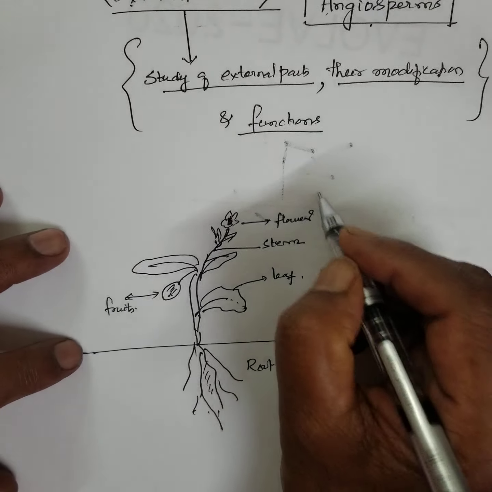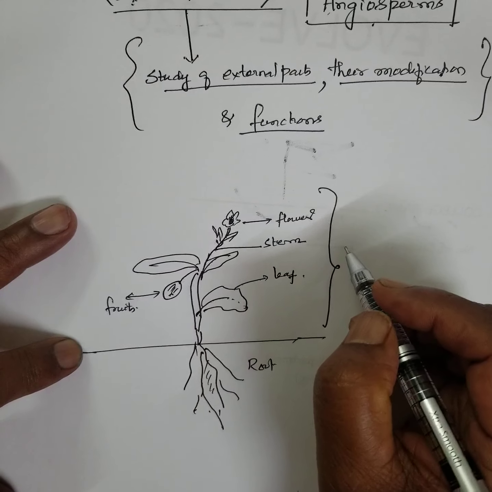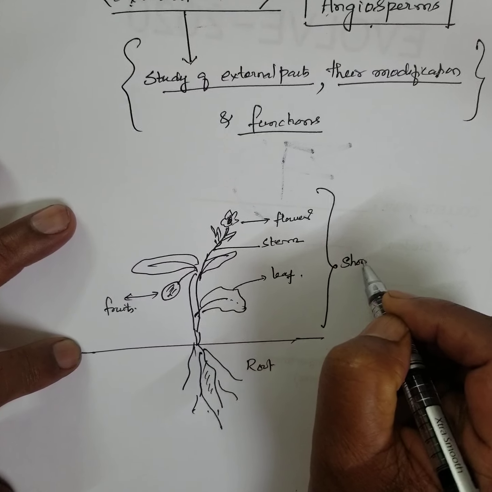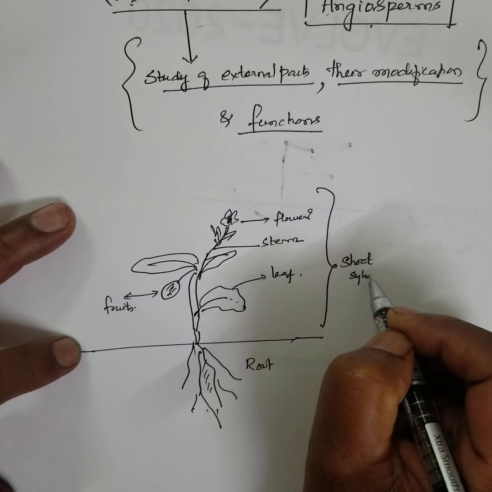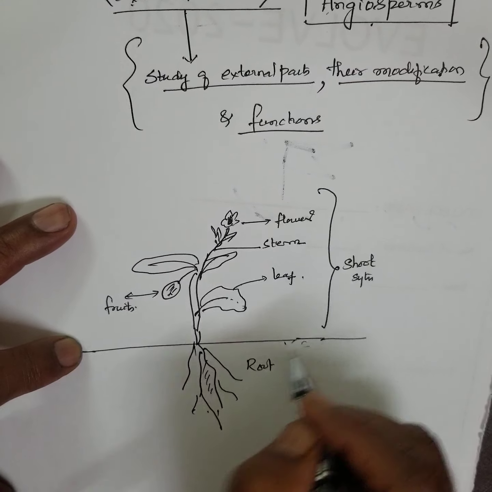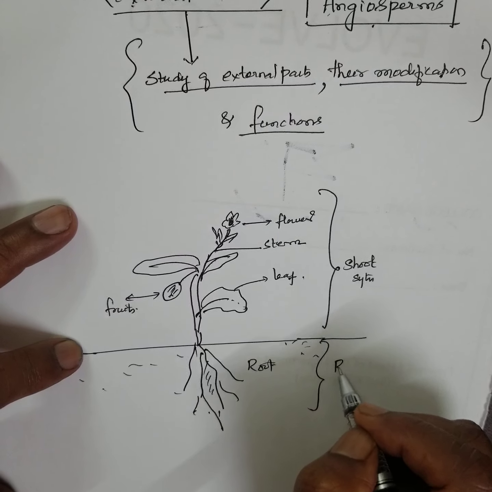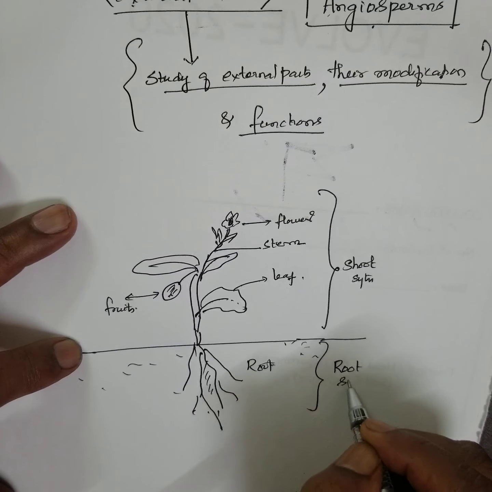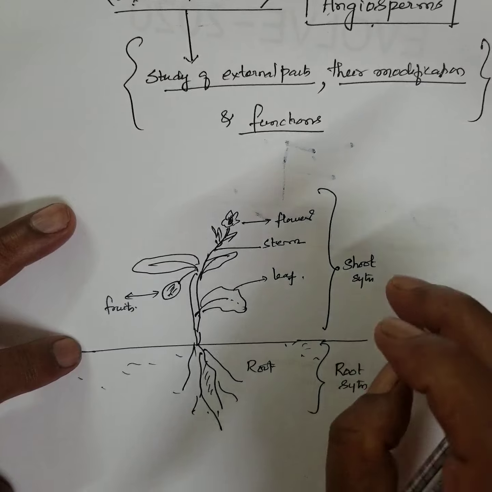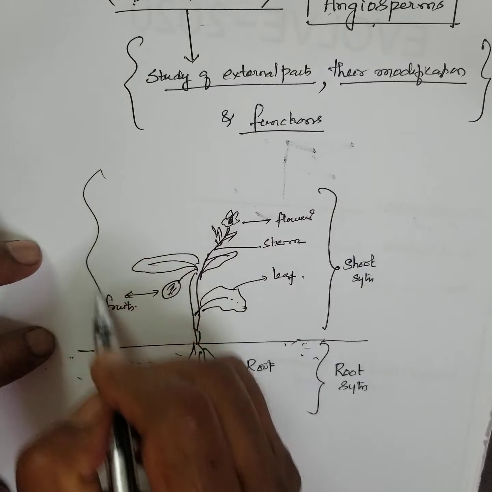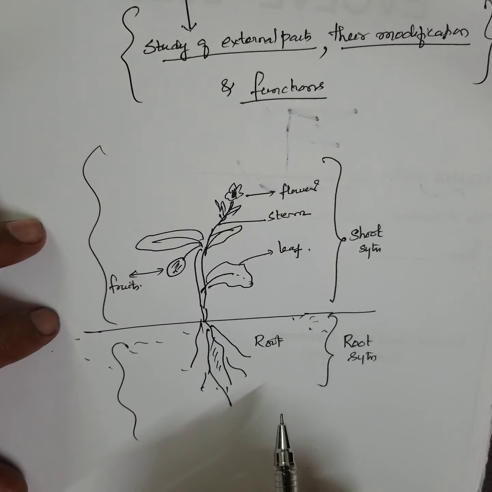Now this upper part is called the shoot system, and the lower part, which is underground, below the ground, is called the root system. Root system and shoot system: there are two systems.